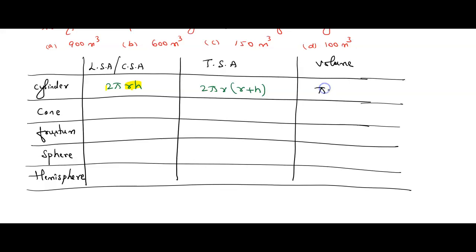Volume is pi r square h, the volume of cylinder. Similarly, for cone, curved surface area is pi r l, total surface area is pi r (r plus l), and then volume is 1 by 3 pi r square h, the volume of cone.